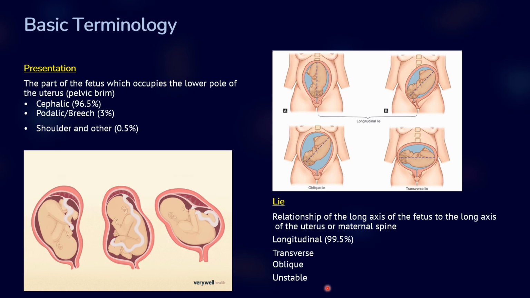Okay, we also have an unstable lie, which is when even after 36 weeks of pregnancy or gestation, the position of the fetus inside the uterus keeps changing. Okay, and that can be due to many reasons.